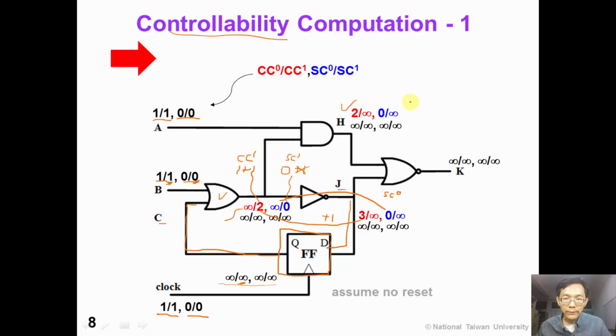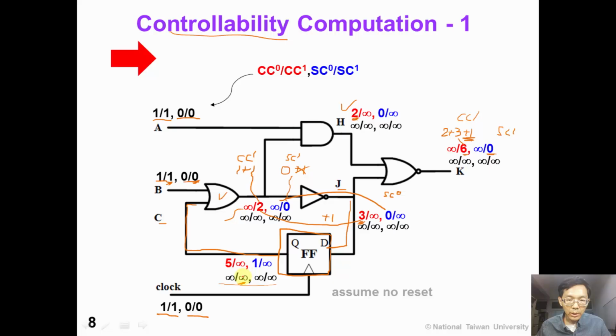Similarly, we can compute the value of H, and then we move on to the next level. The CC1 of K is equal to 6, which is the summation of CC0 of input, which is 2, plus 3, plus 1, which represents the NOR gate itself. So we obtain this number 6. And the SC1 of the output K is 0.